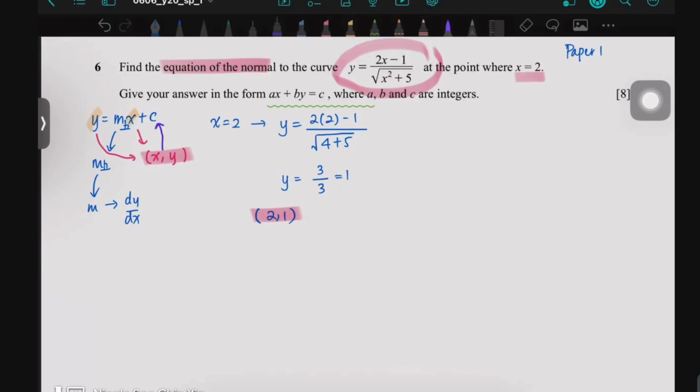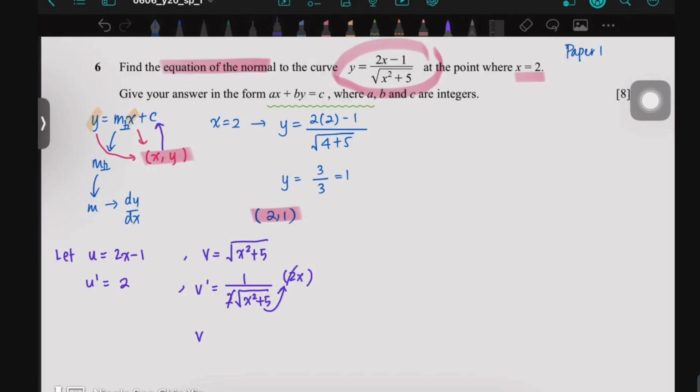So I will let my numerator u equal 2x minus 1, and v equal root of x squared plus 5. Then u prime, I get 2. For the v prime, those who attend my MS class know I will use a shortcut way: 1 over 2 root of x squared plus 5, then I differentiate my x squared, I get 2x.